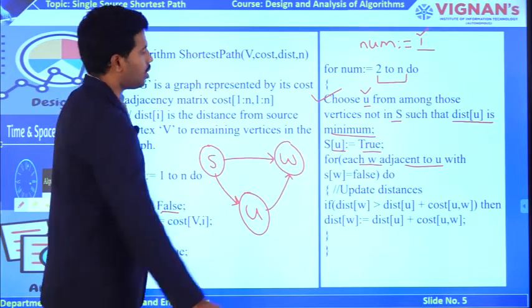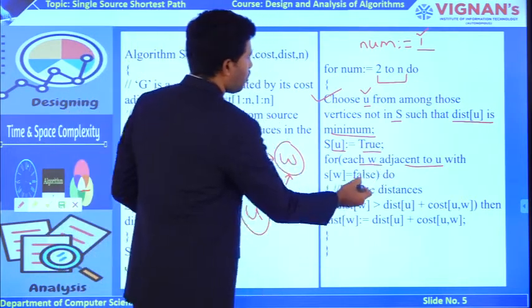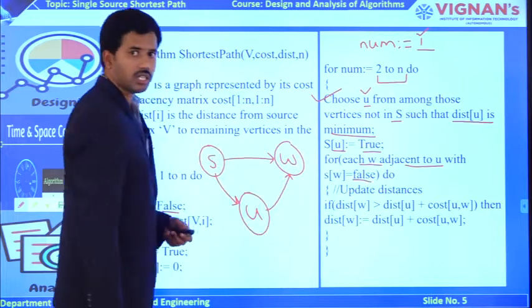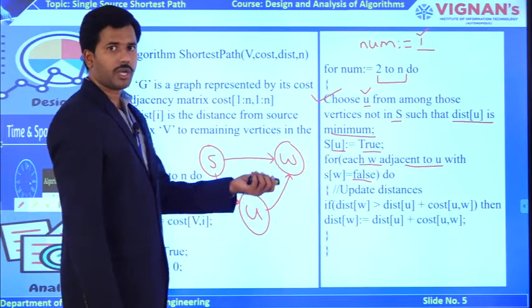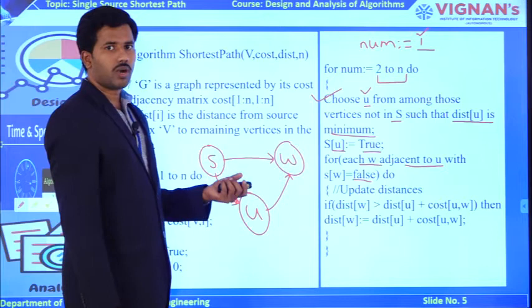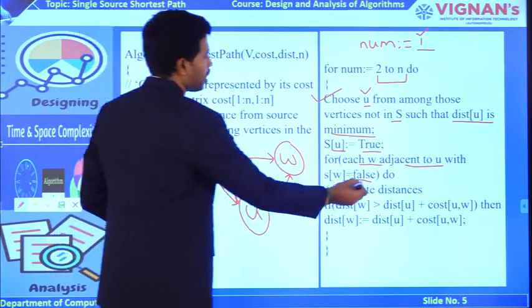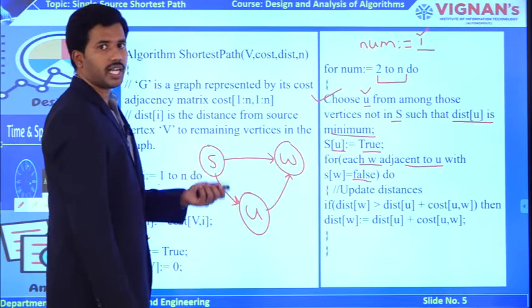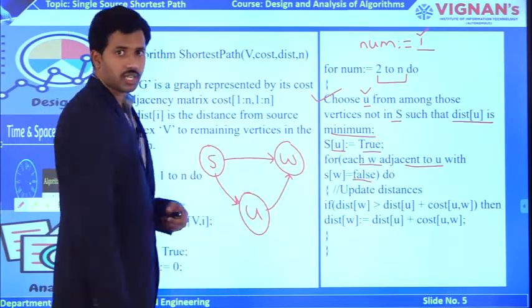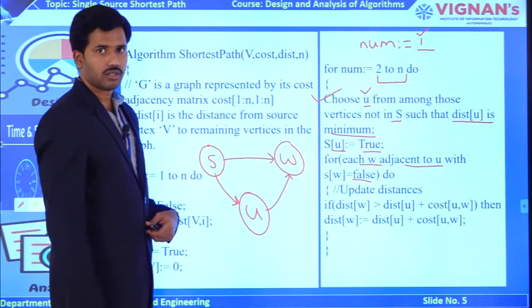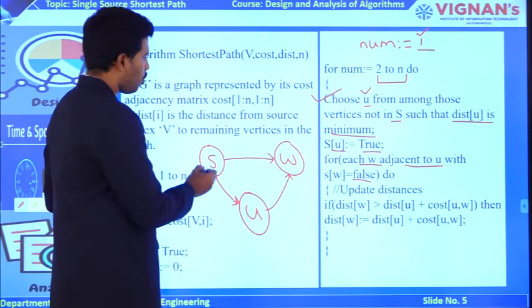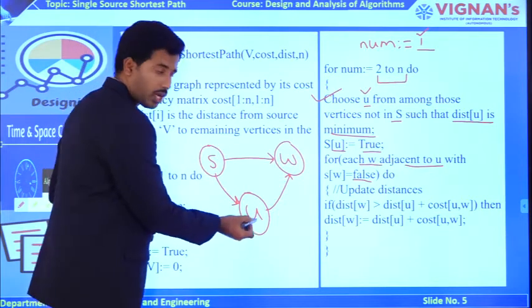So w must have S of w equal to false. Why? Because if it is true, it means you already visited that vertex. So that must be false. Then only I can say that the vertex w which I have chosen was not visited previously. Now I need to visit it. Now my target is to move from s to u and u to w.